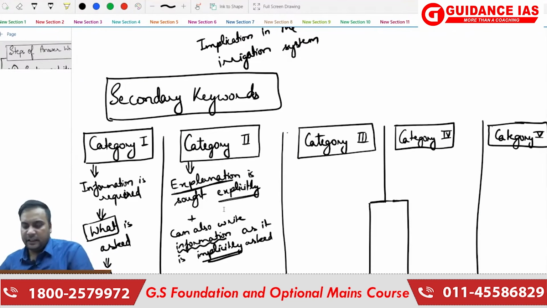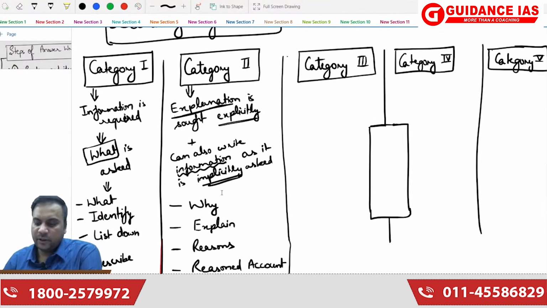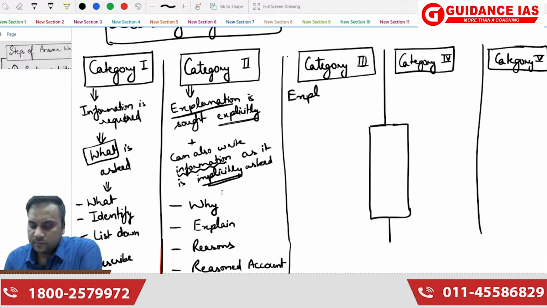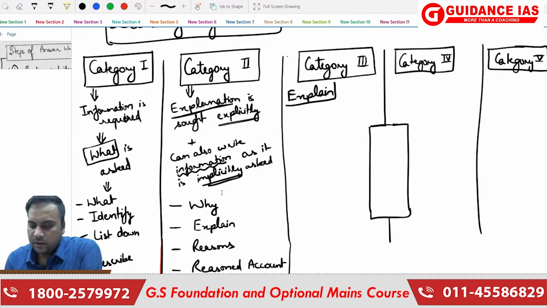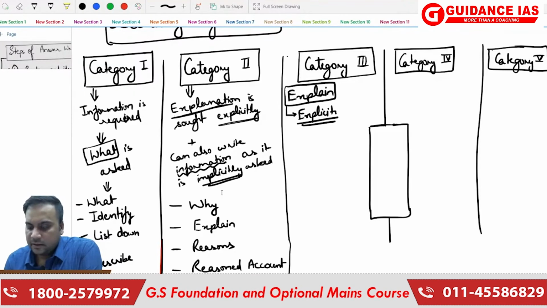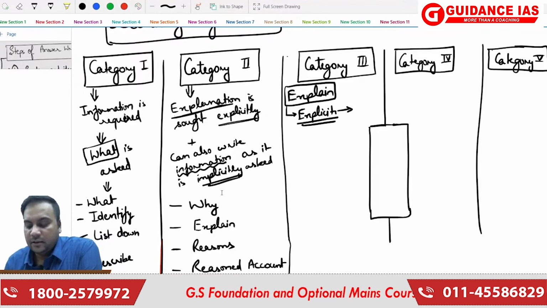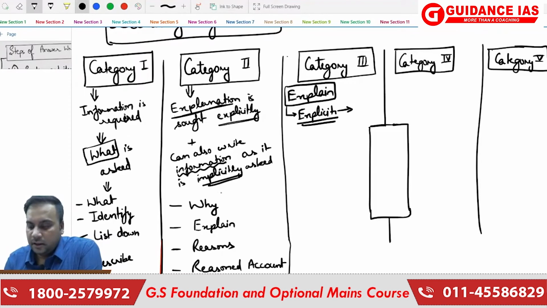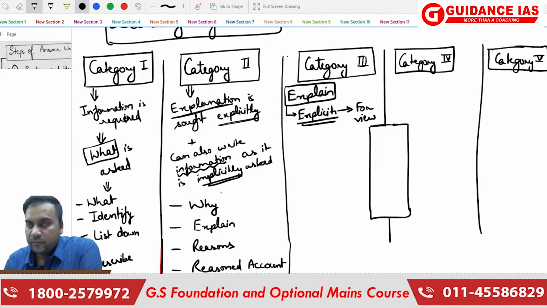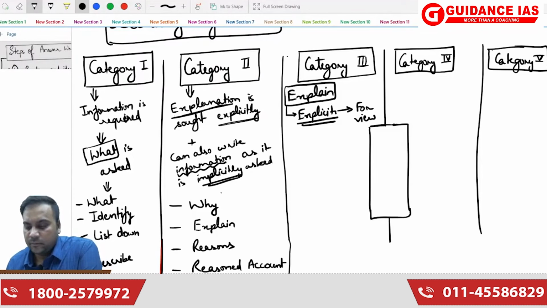In category 3 keywords, basically what you have to do is explain. Here, what needs to be explained? There is an explicit factor: you have to explain the for view around the theme.